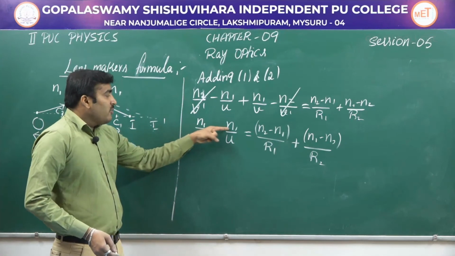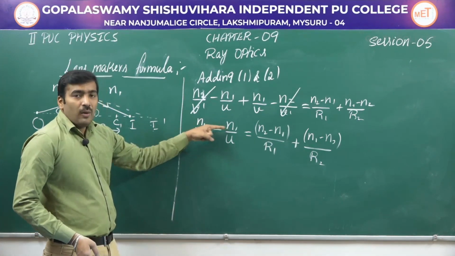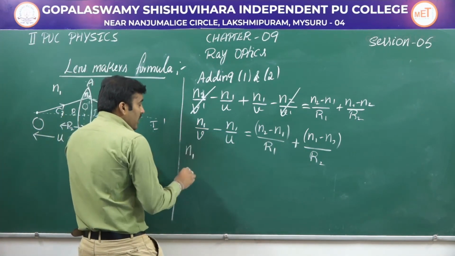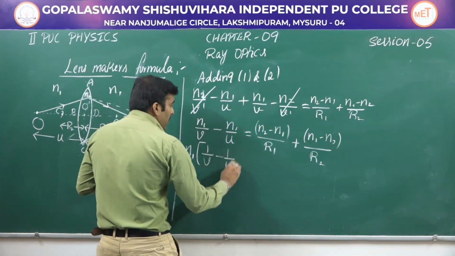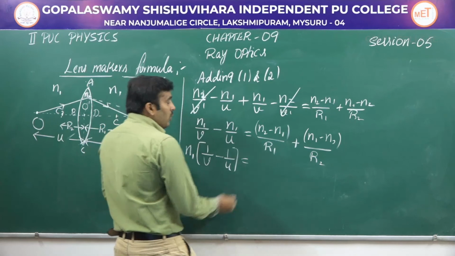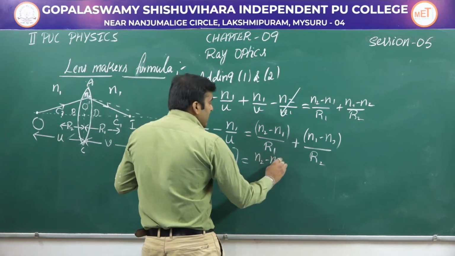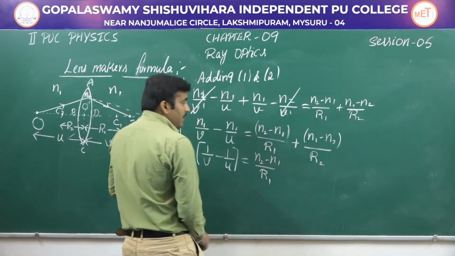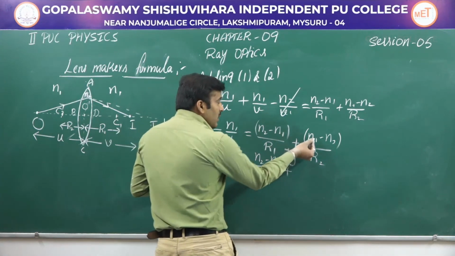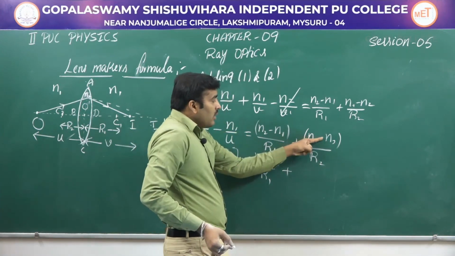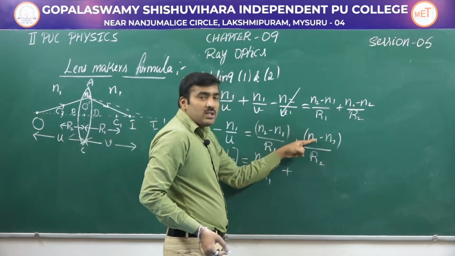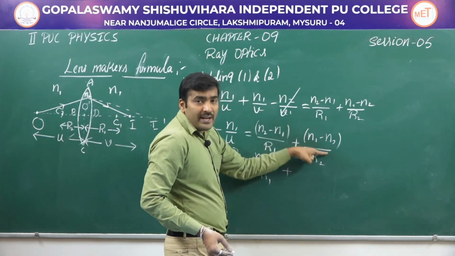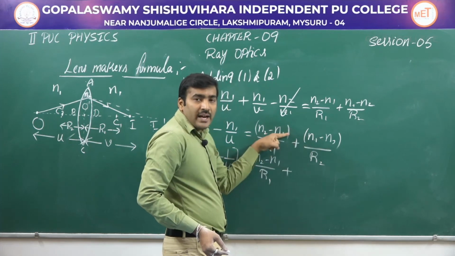Here the term N1 is common, so let me take that out. N1 into 1 by V minus 1 by U is equal to N2 minus N1 by R1 kept as it is, plus, in this term I will take out the negative sign outside, so the sign will change. N1 minus N2 becomes N2 minus N1.